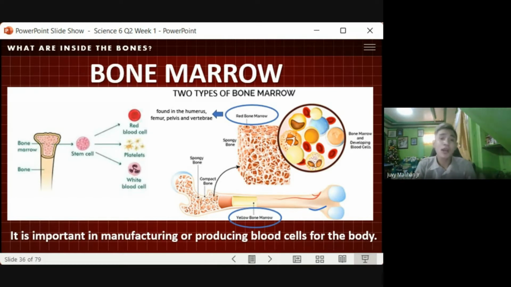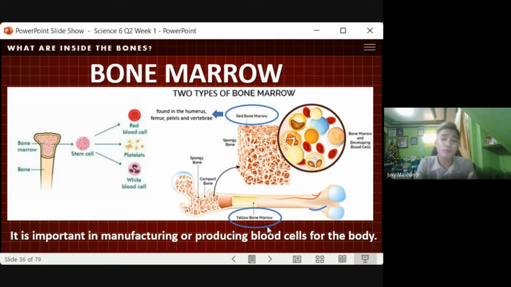And also, our red bone marrow, class, take note that it contains the blood stem cells. These are the blood stem cells that can form or that can become the red blood cells, the platelets, and the white blood cells. And on the other hand, class, we have the yellow bone marrow.